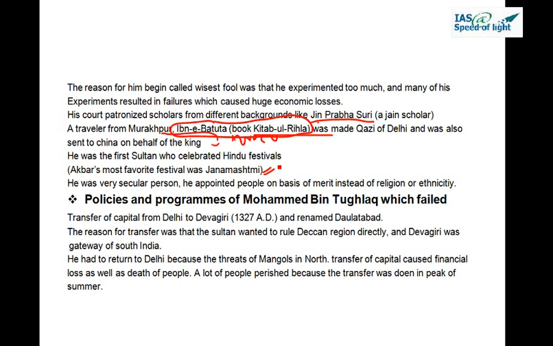So naturally, we can say this is going to affect the power and the position of the noble Turk or Afghan nobles or the religious leaders of that time. They definitely would not like that other religious people are coming and holding their positions.